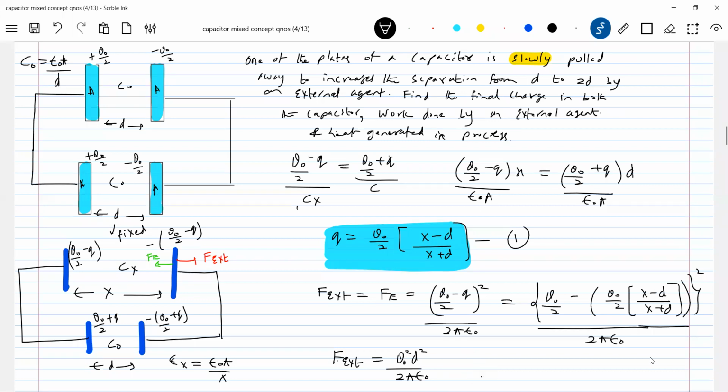Dx I'll bring later on. Where I should write (x plus d) whole squared, numerator, denominator.